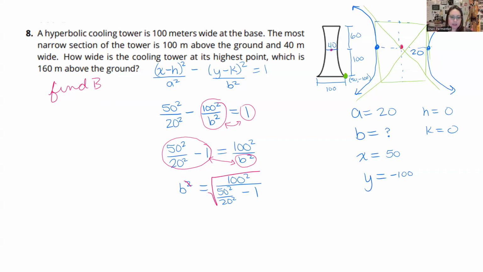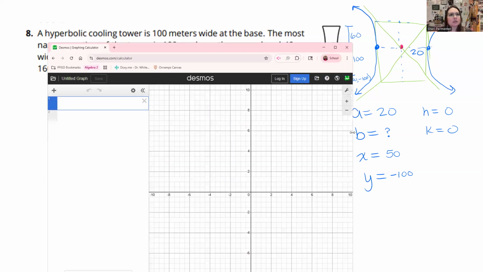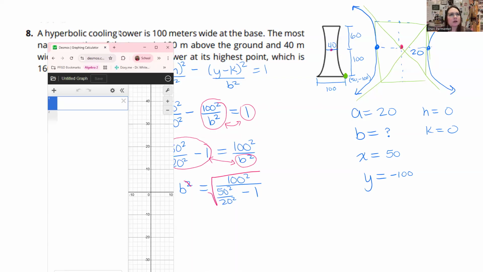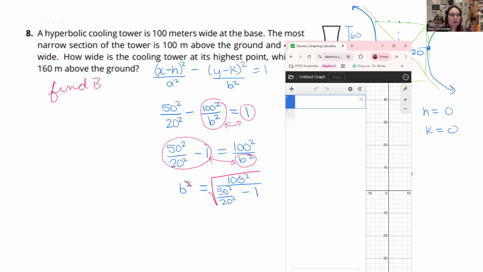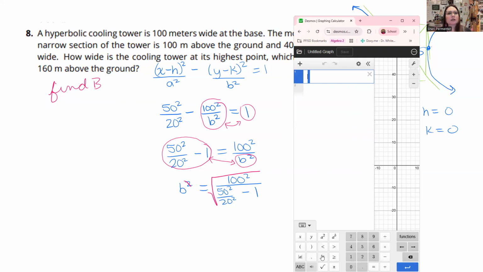Desmos is your friend and will allow you to pretty much type all of that stuff in exactly the way that you see it. I'm going to type it in exactly the way I see it. I need a square root. The square root you've got to find down here.